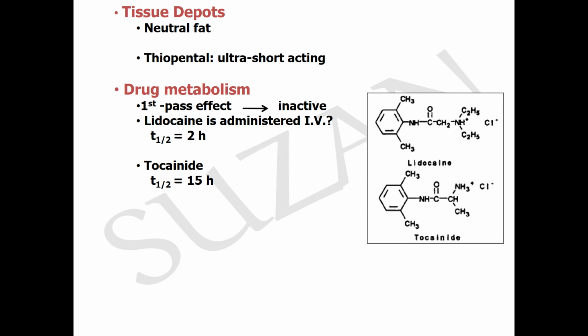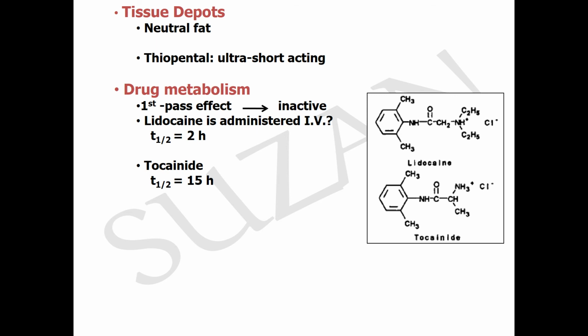Thiopental is a general anesthetic, an ultra-short-acting barbiturate. Because of its high lipophilicity, it will cross the blood-brain barrier into the brain and give its anesthetic effect. However, because of its high lipophilicity, it will redistribute again outside the brain and be stored in the storage depots, here neutral fats.